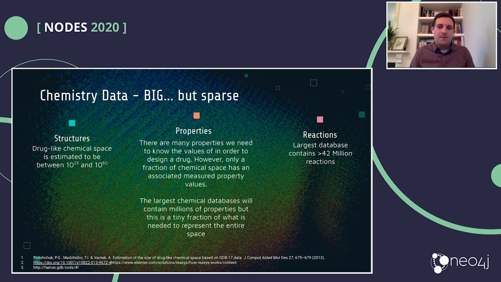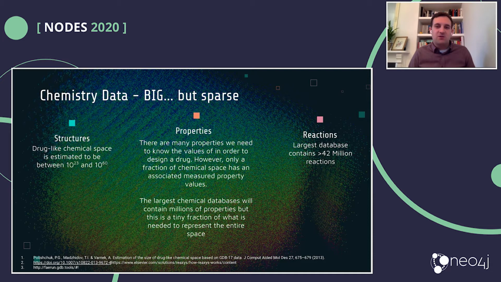With these 42 million reactions, we might not even be able to make all of these molecules which are represented here. We might only be able to make the ones down here. So even though this seems like a big number, in the chemistry world, it's still very small. So we have big data, but we always want more, and it's not nearly big enough. And we have to make do with what we've got.